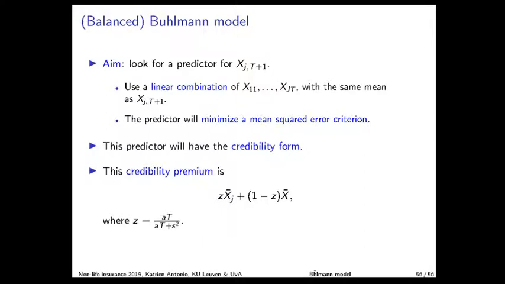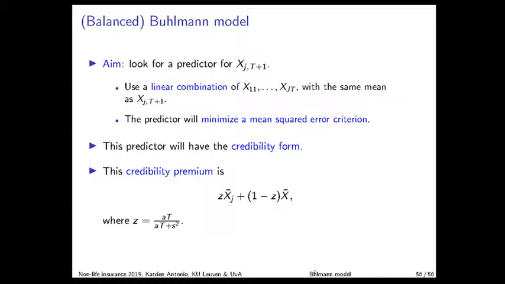Bühlmann then derives a predictor for the response X_{j,T+1} in the next time period. He derives this predictor as a linear combination of the variables observed over the different time periods and over the different contracts. And he requires the predictor to have the same mean as the random variable X_{j,T+1}. Moreover, the predictor will be obtained by minimizing a mean squared error loss criterion. We can show with a similar reasoning as the one applied in the Poisson gamma setting that this predictor will have the credibility form.